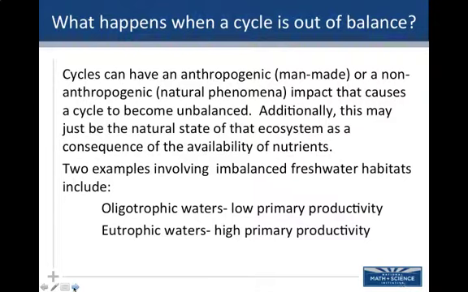So I'm going to give you an example involving freshwater habitats, and how you can have issues there. The one we're really going to look at is eutrophic waters, which have high primary productivity. But I wanted to talk about their polar opposite, which is oligotrophic waters, which have low primary productivity.